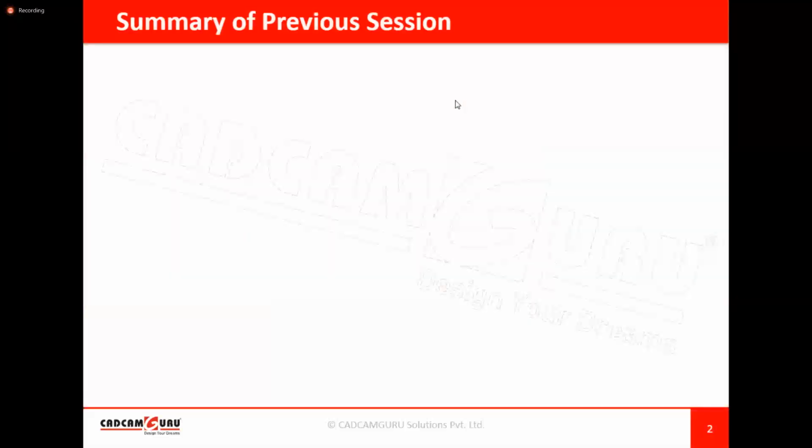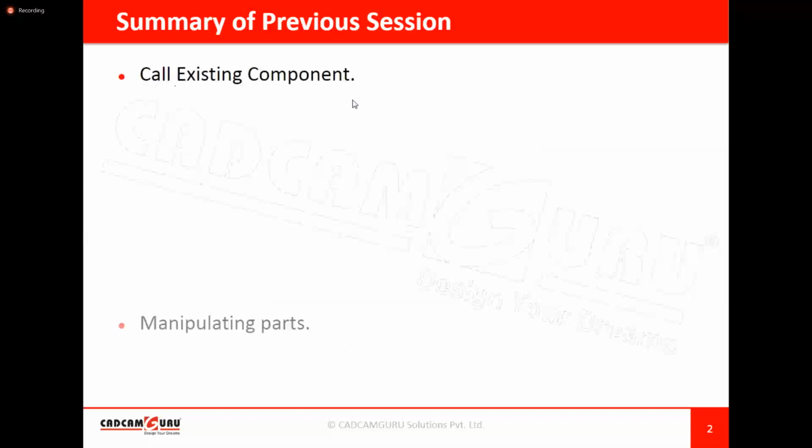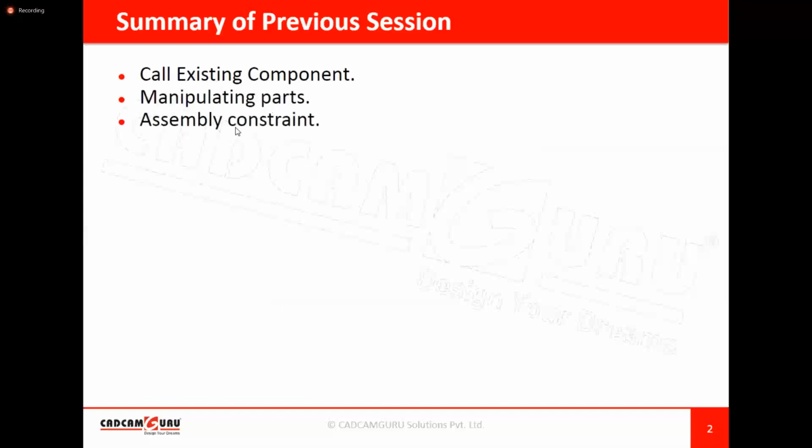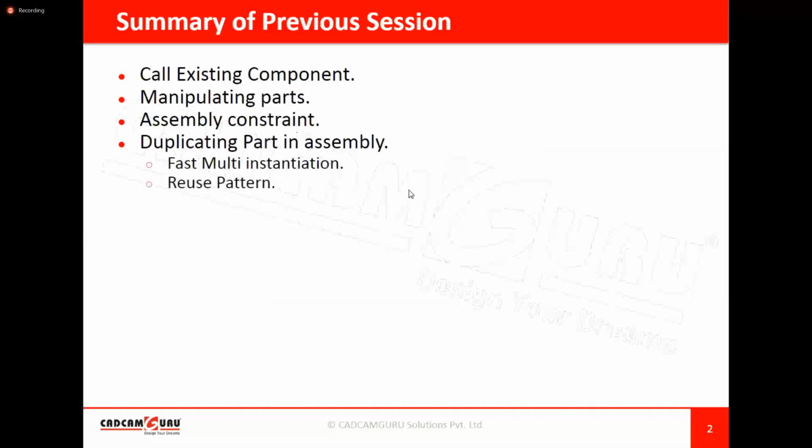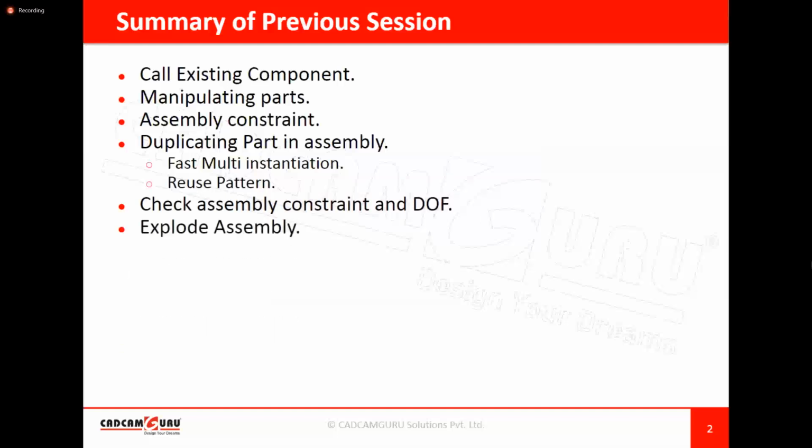In our last session, we discussed how to call the existing component, how to move the parts, assembly constraints, duplicating the parts in assembly, that is pattern in assembly, also fast multi-instantiation, reuse pattern, check assembly constraint and degrees of freedom, explode assembly.